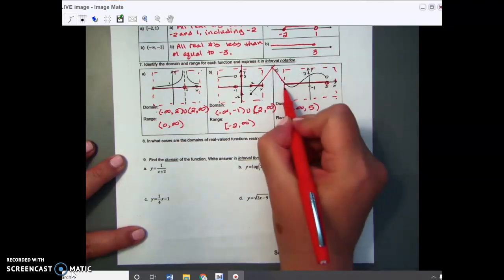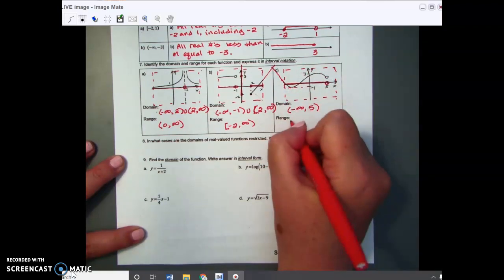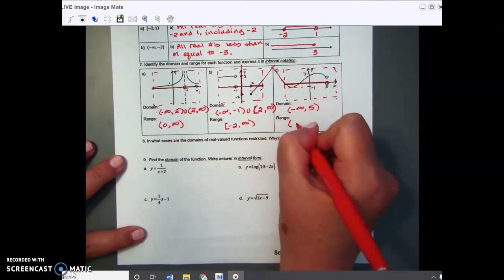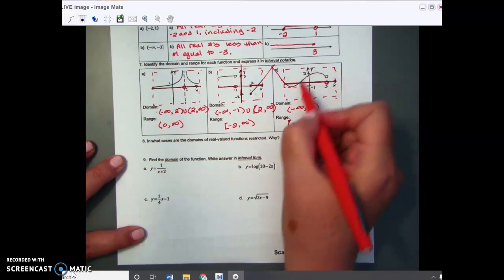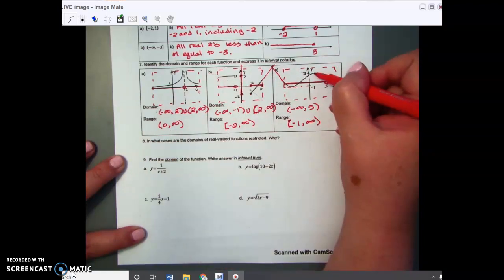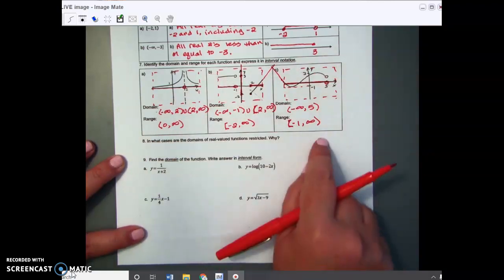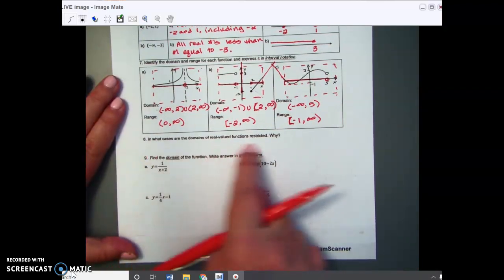And so my y values is going to start at a minimum of -1, and it's going on to infinity. So that's going to be -1 to infinity. Now, if you interpreted this as something that was making a pattern, you could have said from -1 to +3 as well.